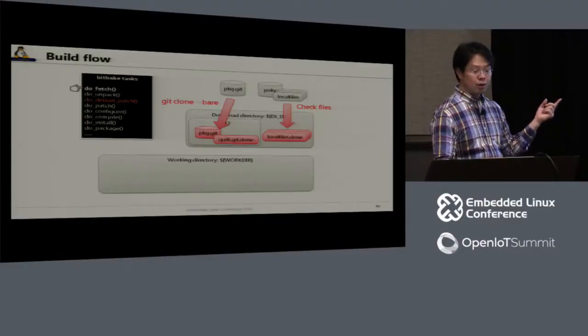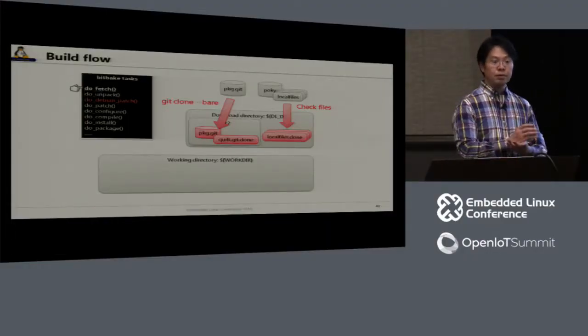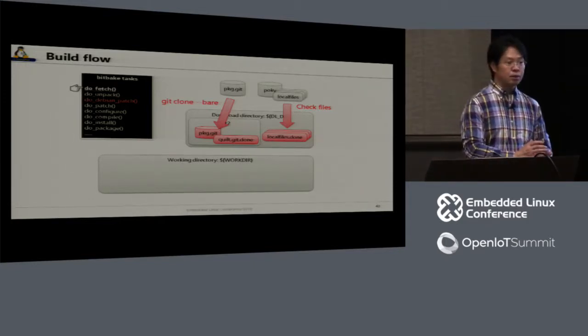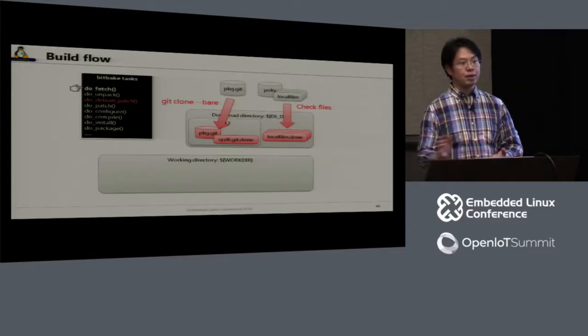This is exactly the same as what Poky does, but Poky is able to support not only Git repositories, but also binary source code packages, for example, some tarballs or something like that. But MetaDebian only supports Git repositories. I will explain why we chose this policy. And then a Git checkout is done by using do_unpack inside Poky.